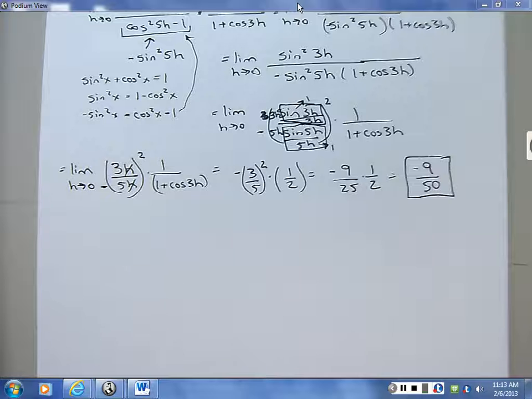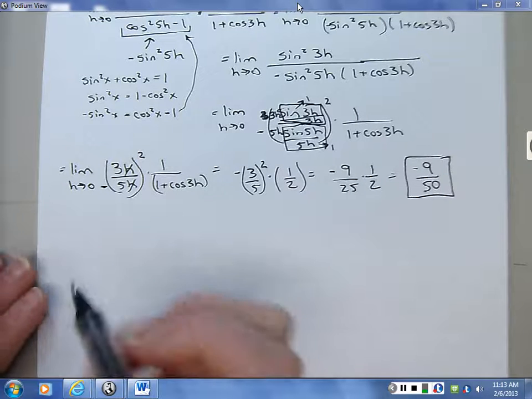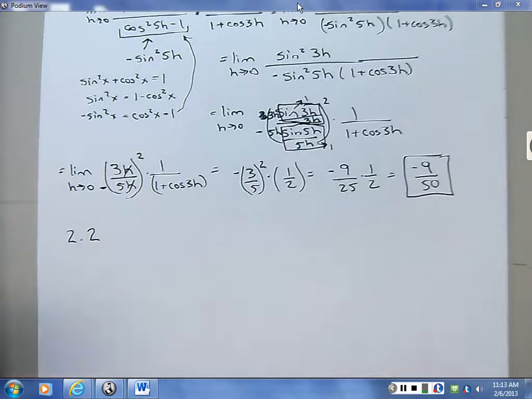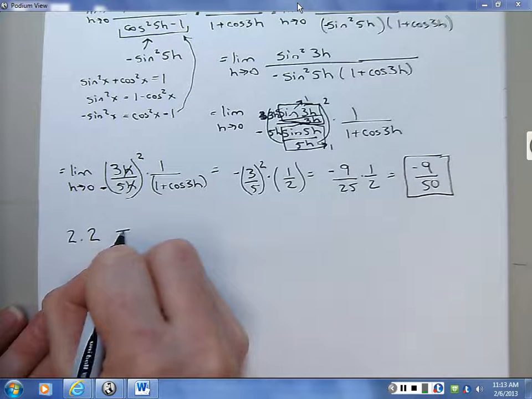Okay, so 2.1, we spent some time on looking at what is the slope at the various points. So 2.2 is the derivative.